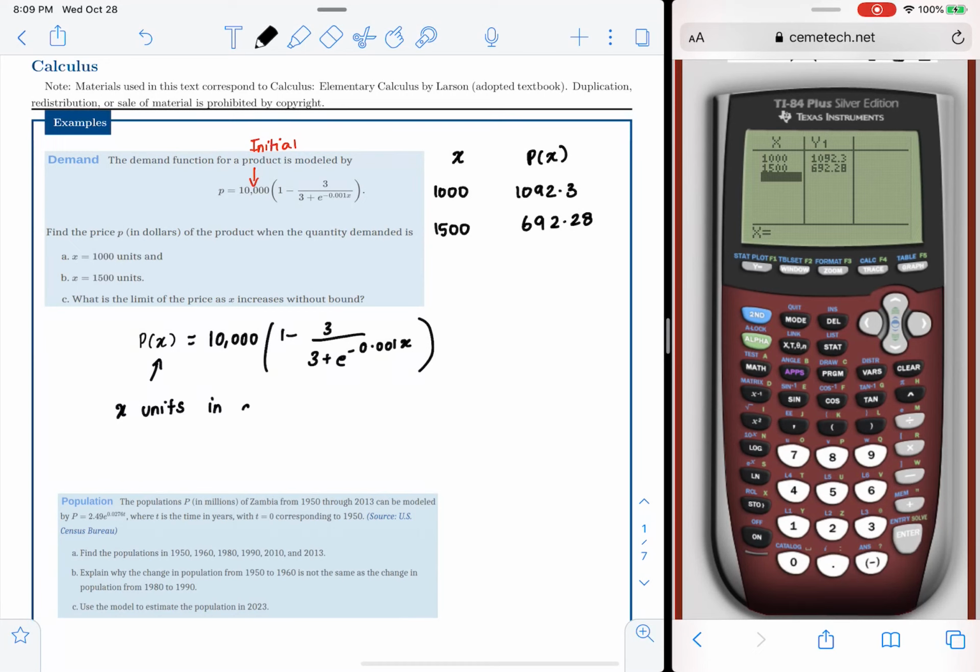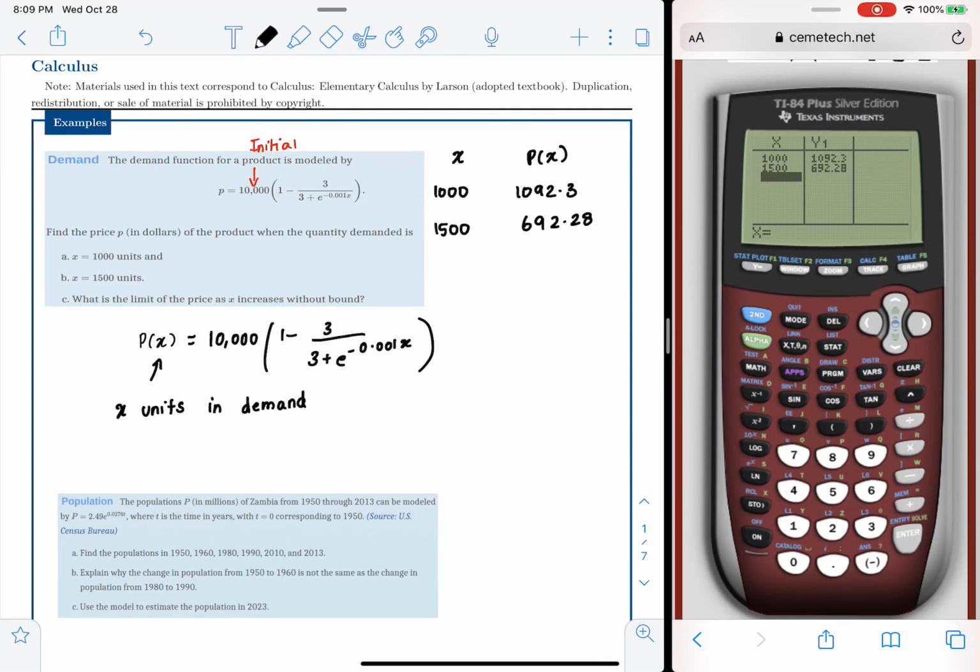So if you look at the expression, x is the number of units in demand, and p is the price. So as the demand increases, we can set an appropriate price.